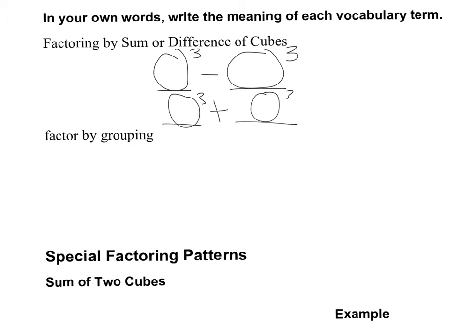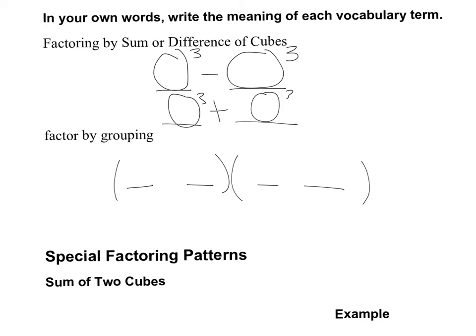The other one is by grouping, which you already know how to do. Remember, grouping is if you have 4 terms, you can group them and then take a GCF out and all that stuff, no different than before. The last one is simply taking stuff out, like GCF.